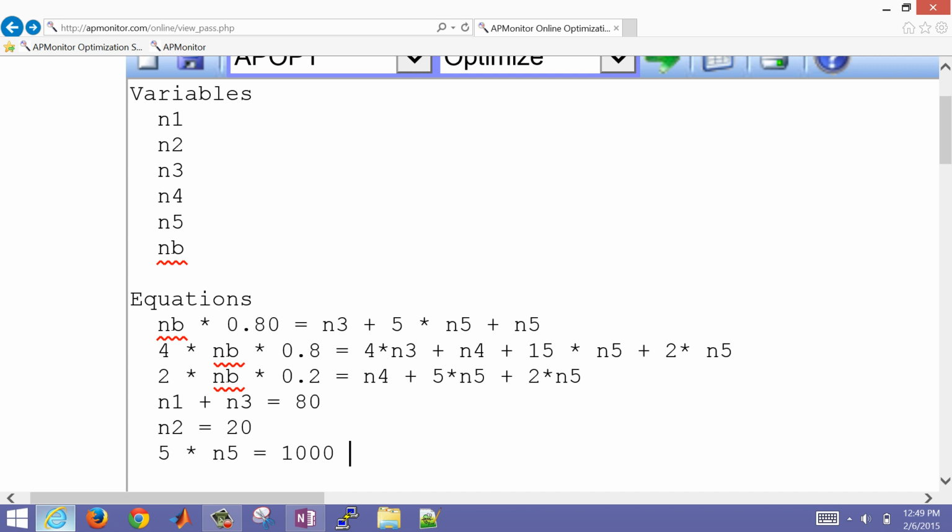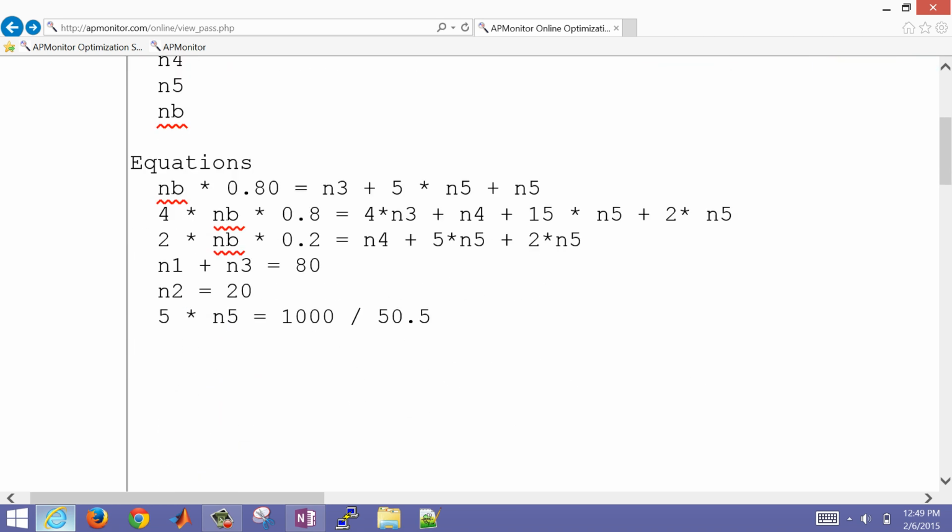If we have kilograms, the way that we'll convert that to moles is divide by the molecular weight. So for the methyl chloride, that's going to be divided by 50.5. So we just put one more variable and one more equation down here. Let's go ahead and solve this.